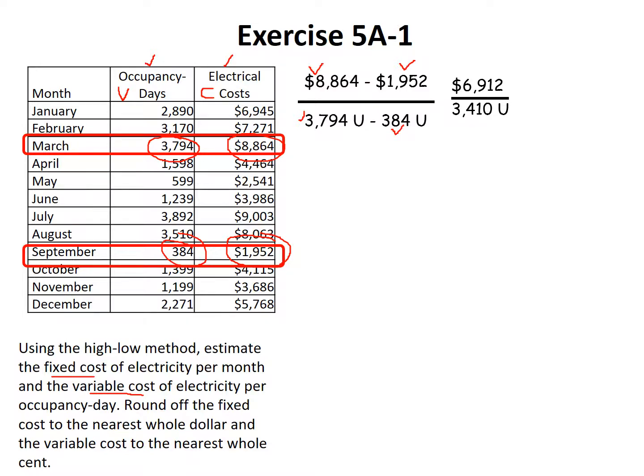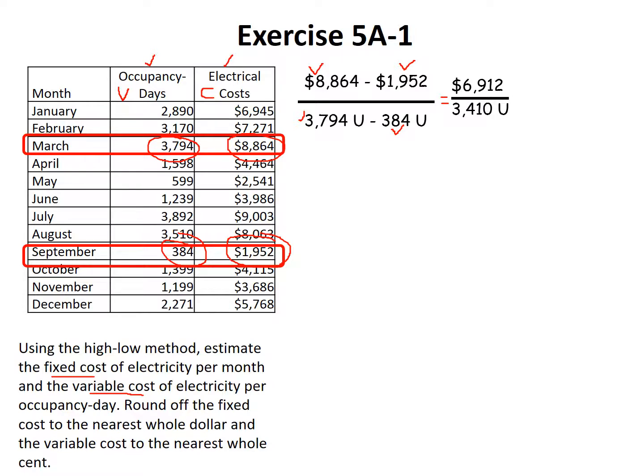I call them units, but days, you could call it whatever you want as long as you realize it's a volume. So I subtract the difference. $8,864 minus $1,952 gives me a difference of $6,912, and when I subtract 384 units from 3,794 units, I come up with a 3,410 unit difference.